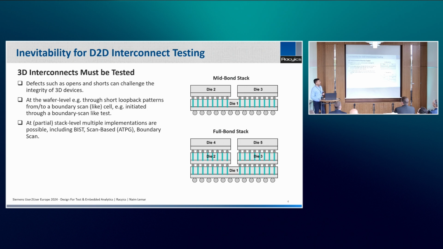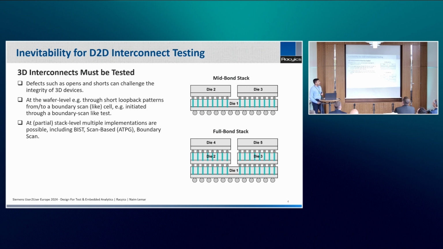But mostly, we want to test each layer at each stage, in order to find the defects in interconnects. The defects, especially the shorts and open defects in the interconnects, are the main challenge. We need to detect them in an early stage, before stacking multiple dies.